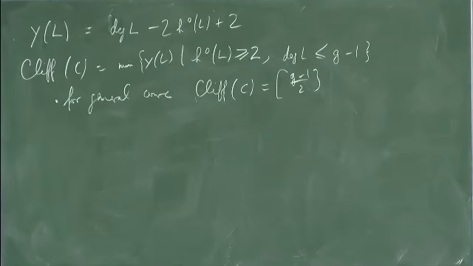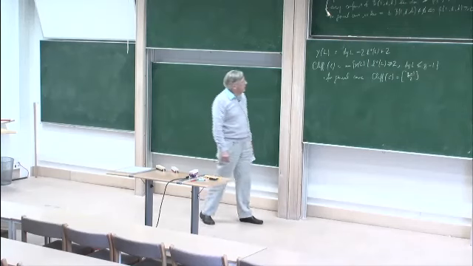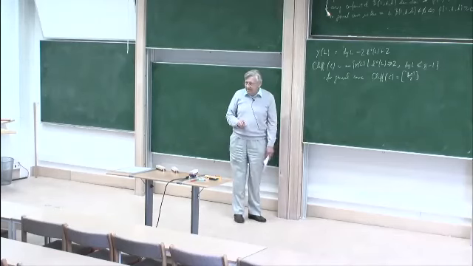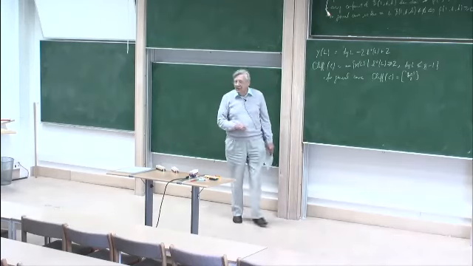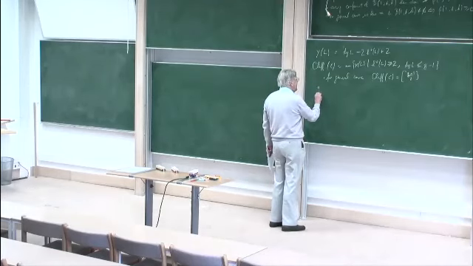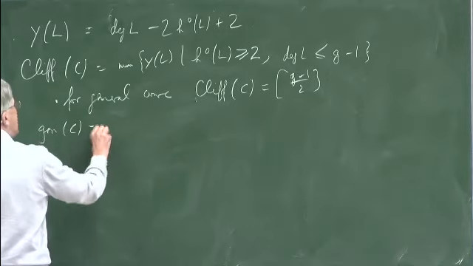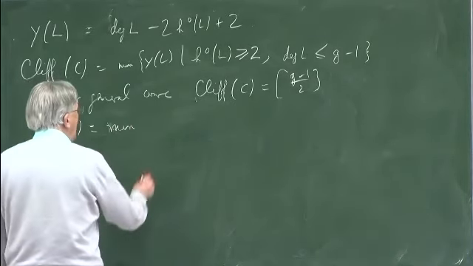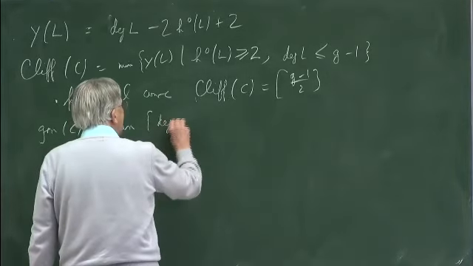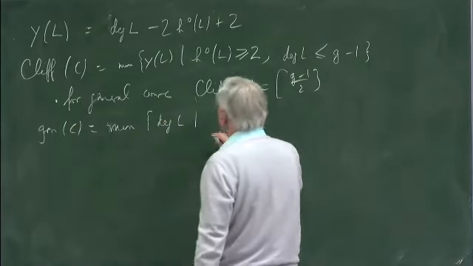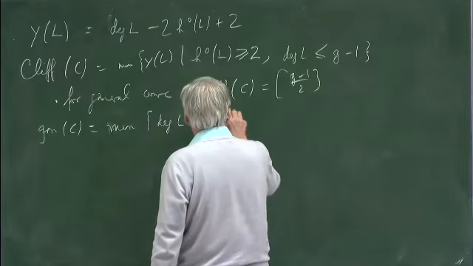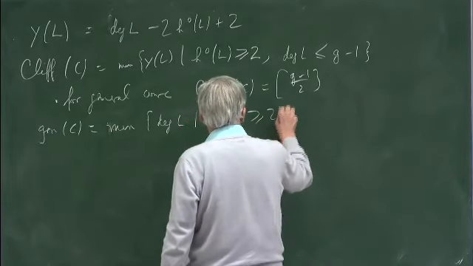And there's one other thing I want to say. I want to define also something closely related to the Clifford index called the gonality. The gonality of C is the minimum of the degrees of L for which h^0(L) is greater than or equal to 2.